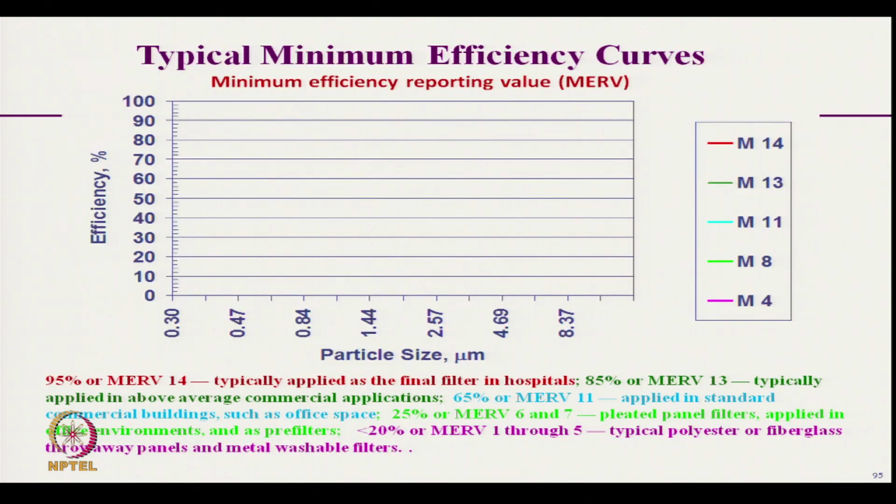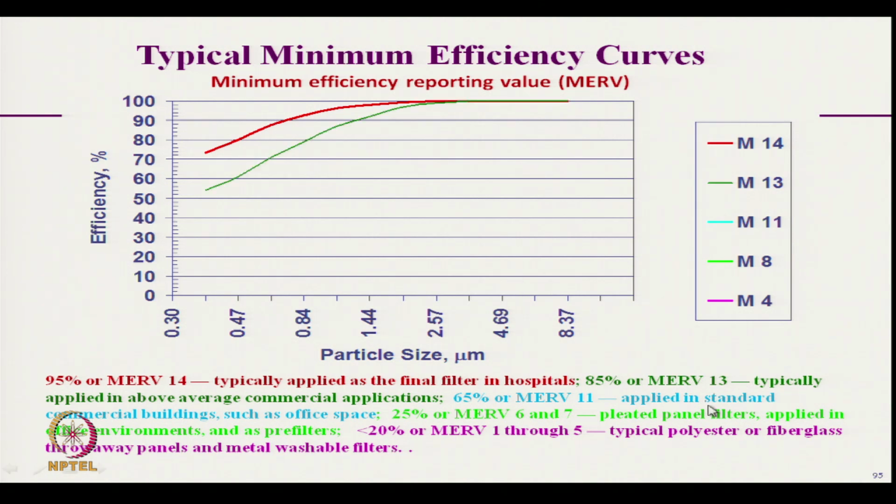Let us see the filters with different MERV values and where they are used. MERV 14 is a very fine filter used for very fine particles, around 0.4 micron to maybe 2-3 microns. It is used in hospital applications, where we have to eliminate the very fine particles.